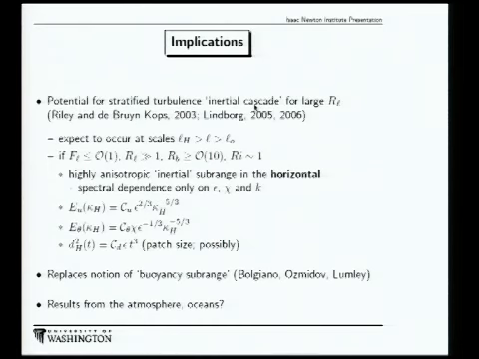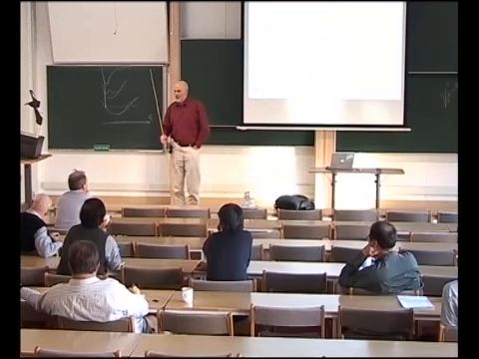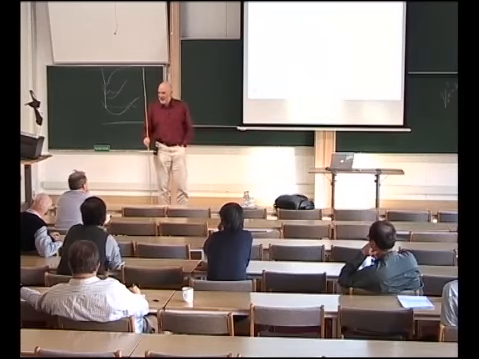It's possible that would occur, but I'm not sure, because there are other mechanisms in the spreading of plumes. In particular, shear dispersion might be important. Anyway, if you go back and look at buoyancy subrange ideas, I think this replaces it, because I've never felt very good about the buoyancy subrange.